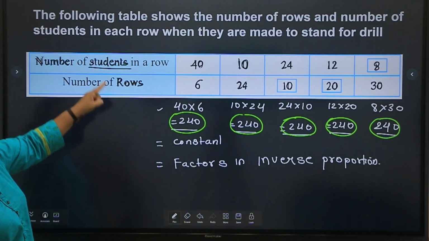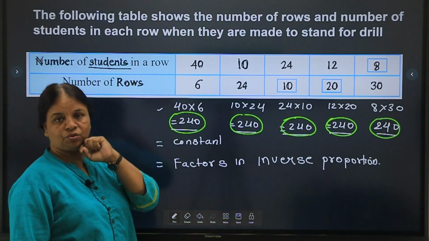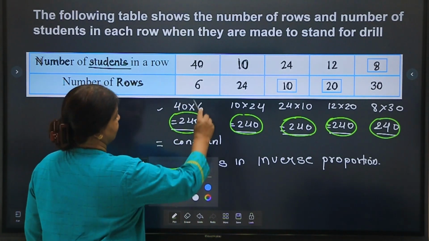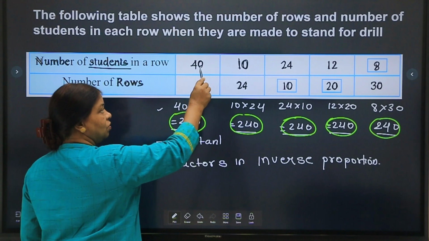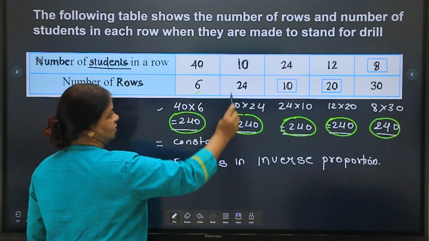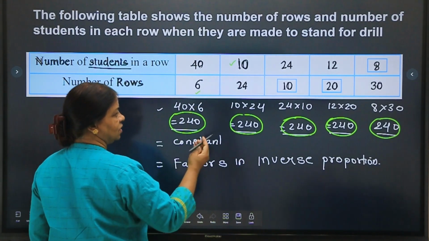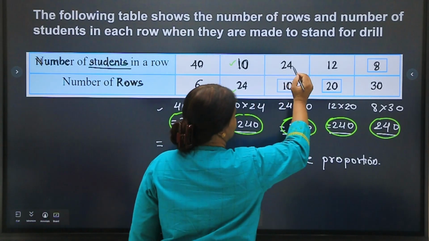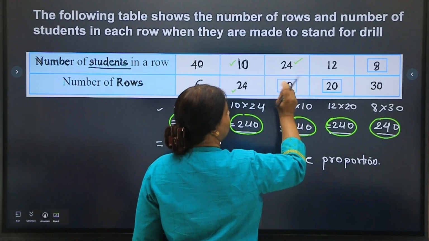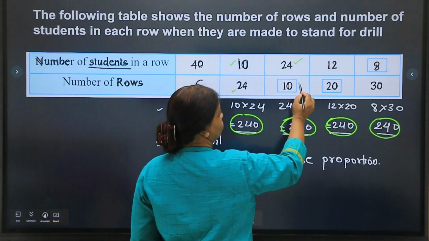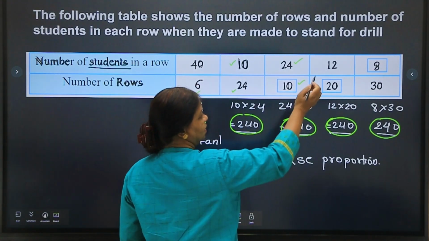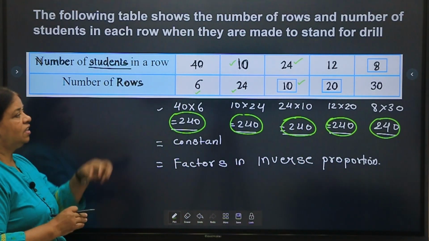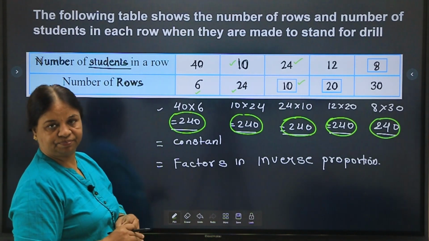If in one row you make 40 students stand, then the number of rows we get is 6. It means if students are more, rows are less. If students are less, rows are more. So you see, if one factor is increasing, the other factor is decreasing.